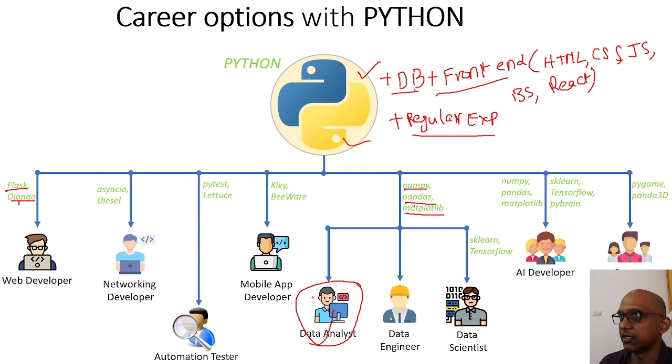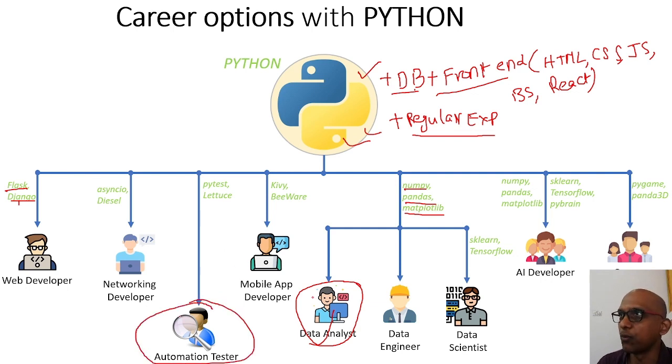Those are actually enough. In all these jobs, the common content is Python. Core Python is the common content that you need to learn. Apart from that, you need to learn different technologies for different roles or jobs.